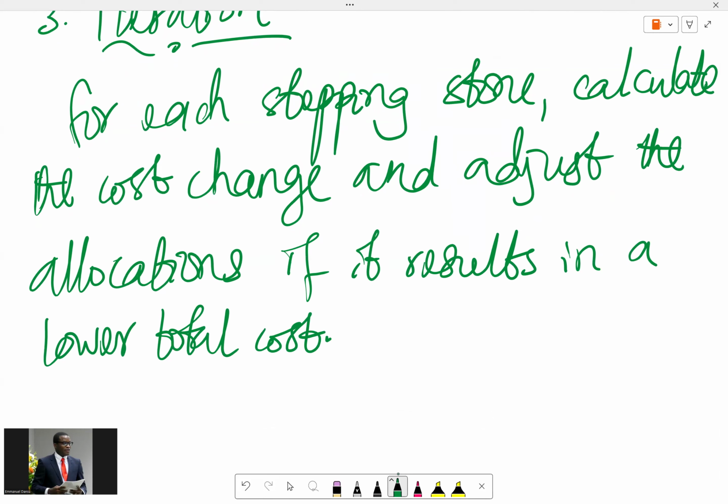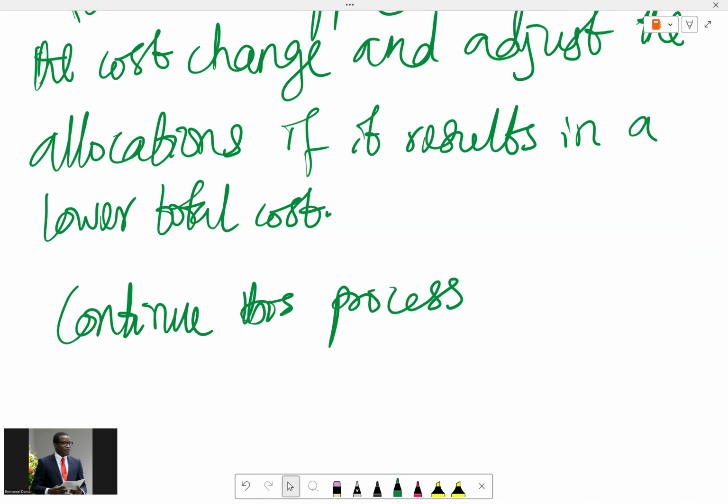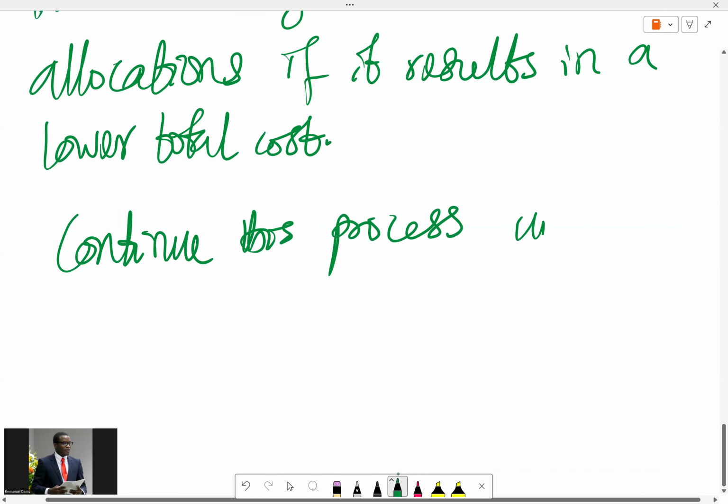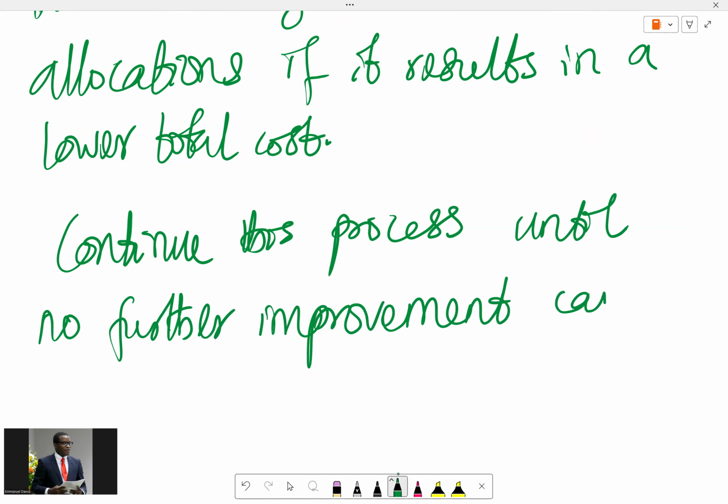And then you continue this process until no further improvement can be made.